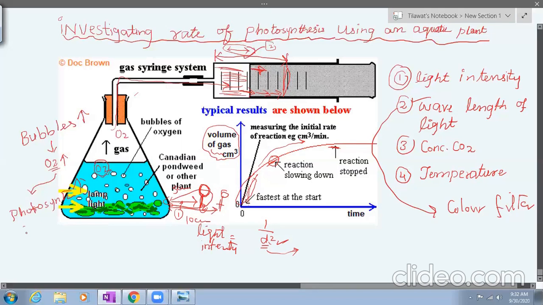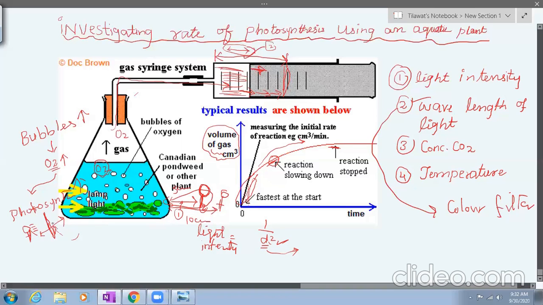For example, from here, I'm keeping my light source, right? So this distance up to here should be the same. For example, one color filter, I keep it here, right? So when I do this experiment with another filter, I will keep it in the same position and the same distance of the light source.